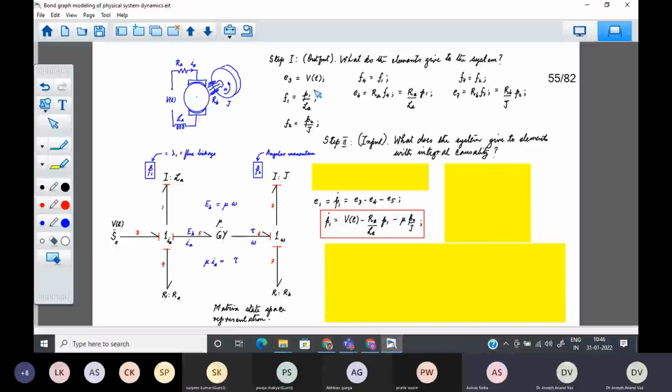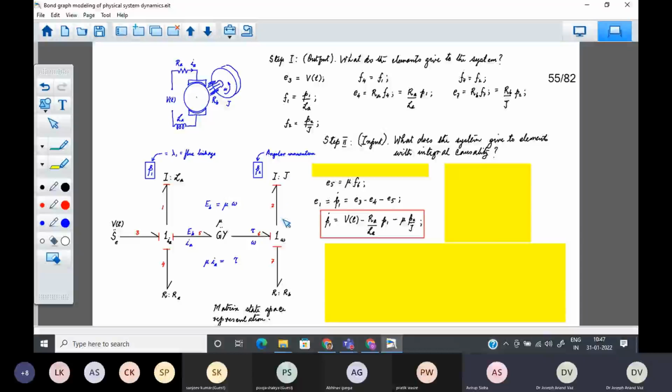Effort 3 has been worked out here. It's V of T. Effort 4 is also available here. And effort 5. What is effort 5? Effort 5 is mu times flow 6 because it's a gyrator relation. So effort 5 is mu times flow 6. Okay. What is flow 6? Flow 6 is coming from this one junction.